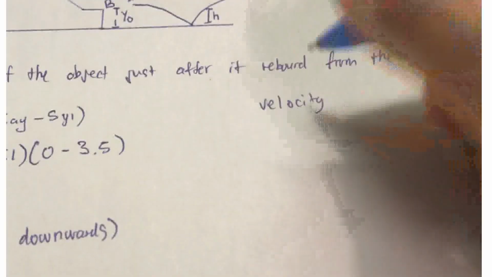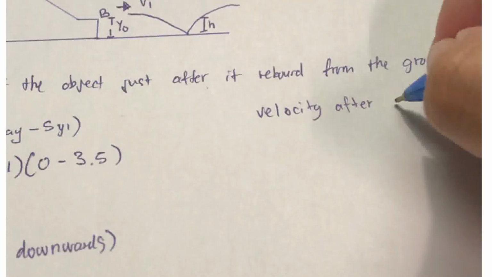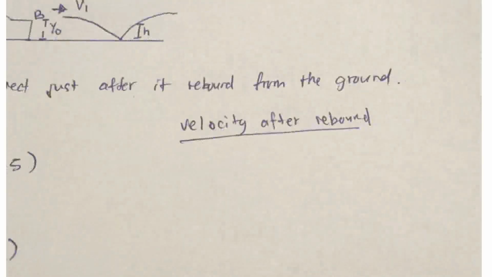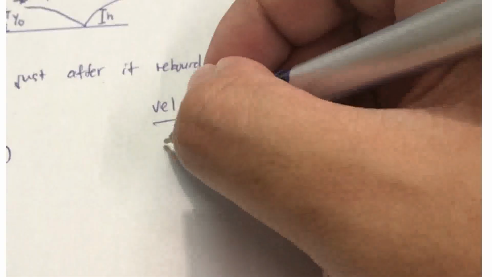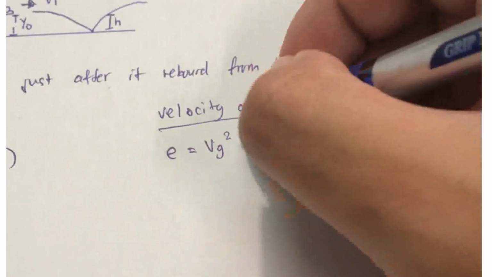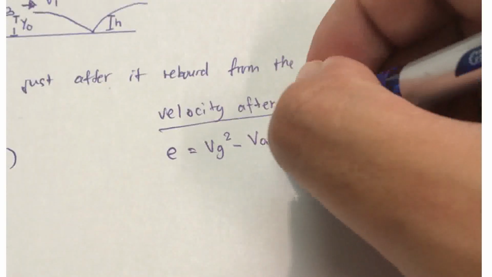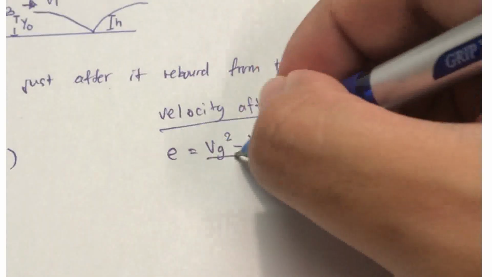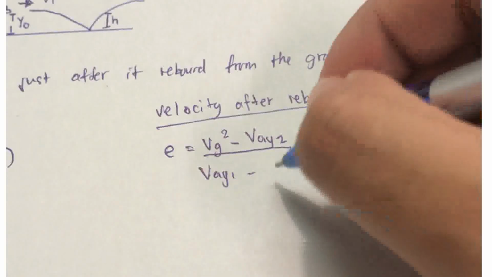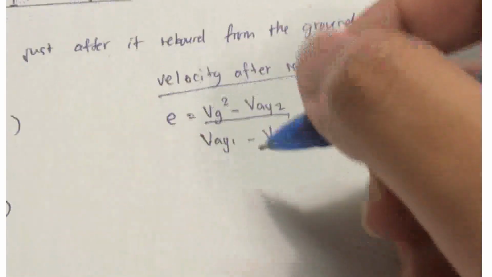The velocity after the ball rebounds, we are using the equation e equals Vg2 minus Vay2 over Vay1 minus Vg1.